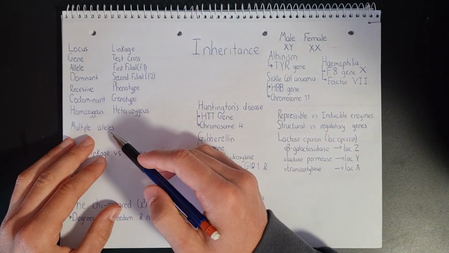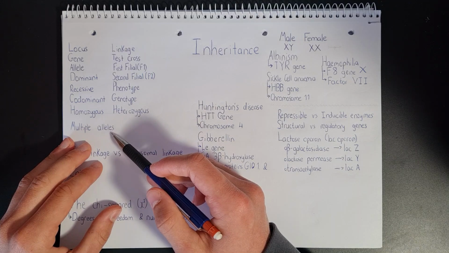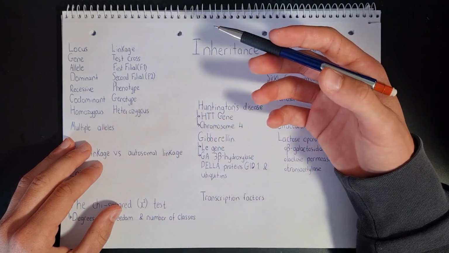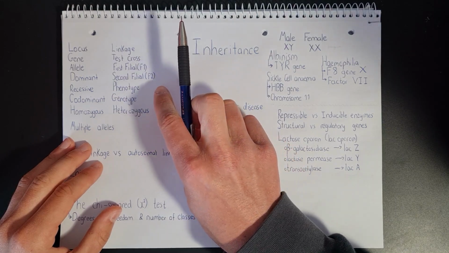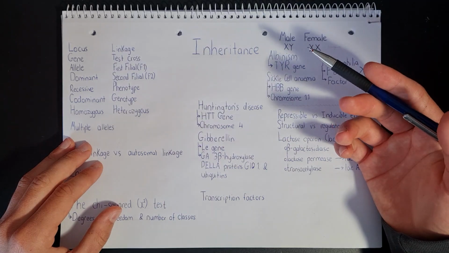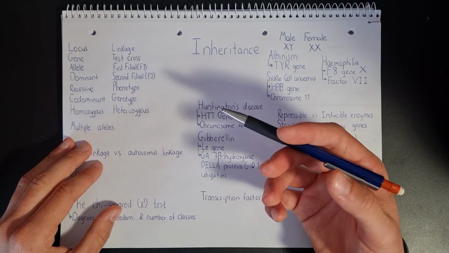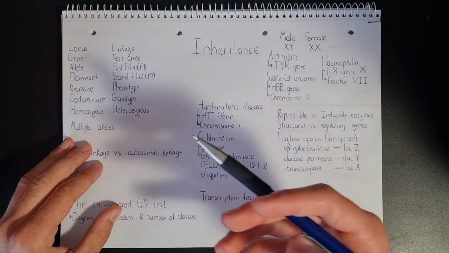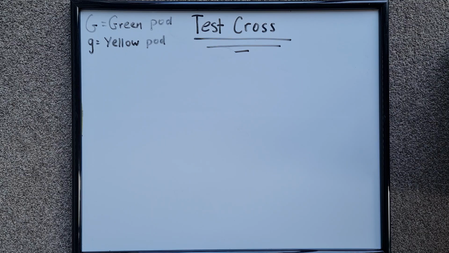So all of these different variations of that eye color gene results in multiple alleles. So for the pod color of a pea, there were only two different alleles. It could either only be yellow or it could be green. In human eyes, we have multiple different possible phenotypes. We can have green eyes, blue eyes, brown eyes, etc.